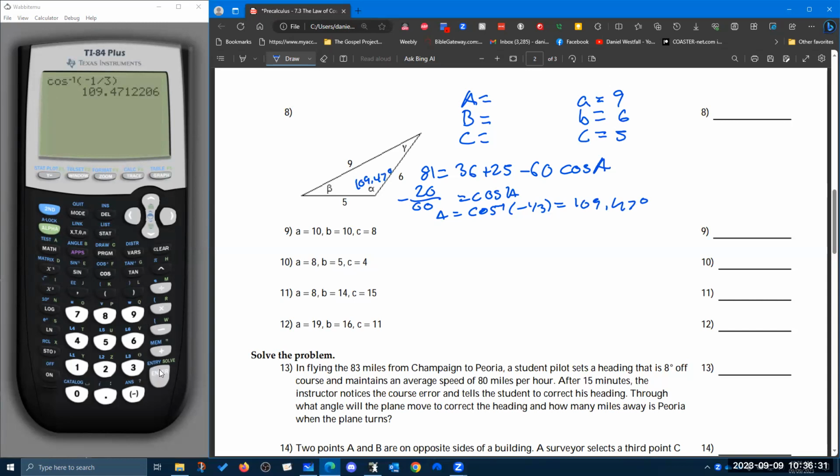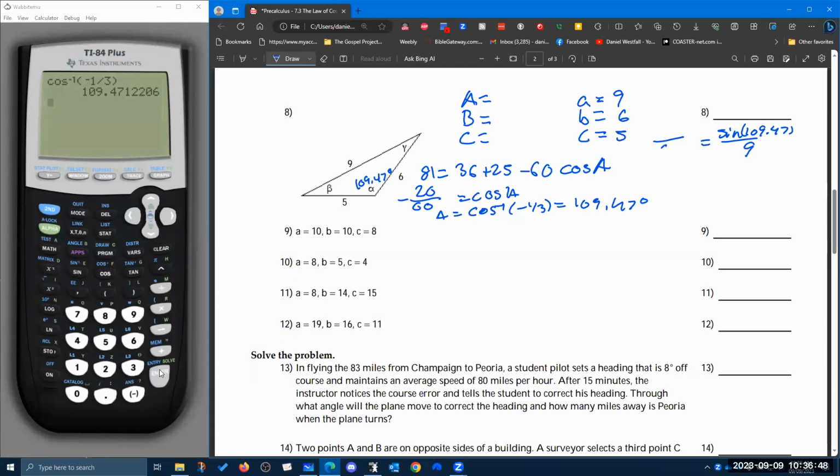Then we can use that with the law of sines over side a.